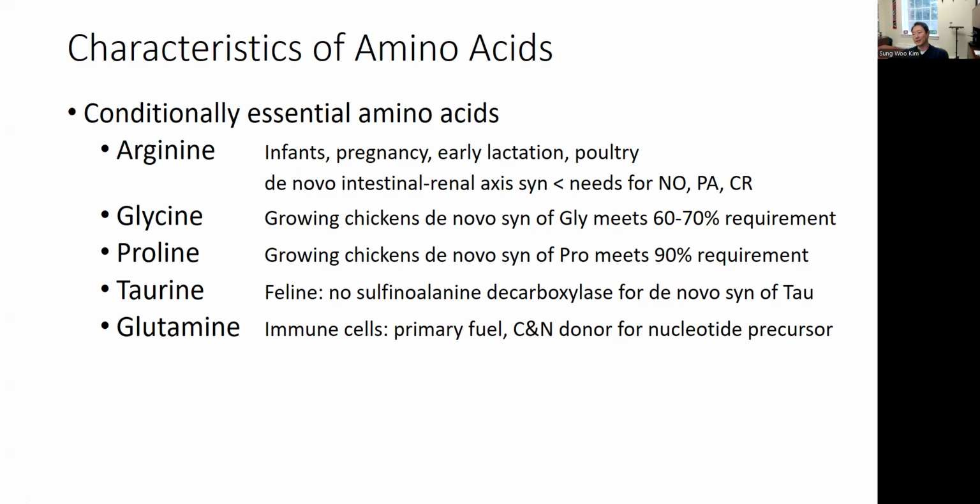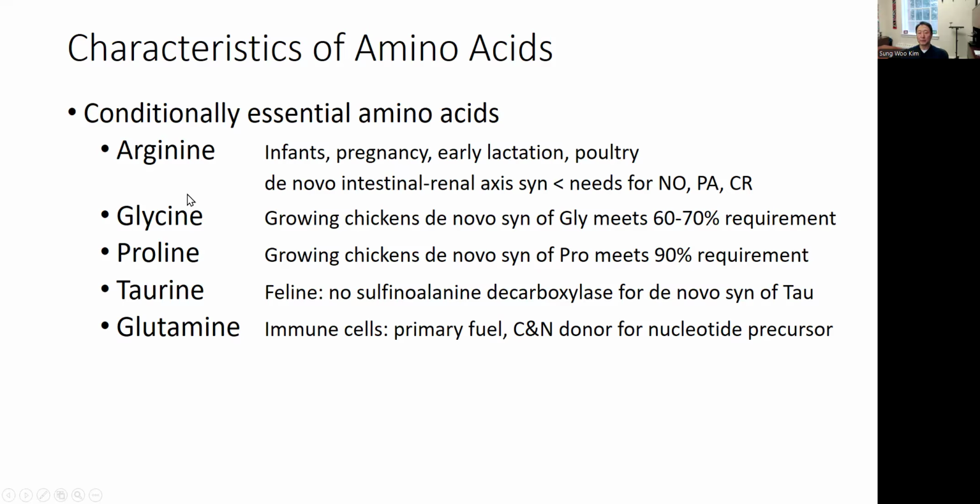Even though arginine is made in the animal body from the kidney, the need for arginine becomes a lot greater for infants, pregnant and lactating animals, and poultry. So that's why it becomes essential.